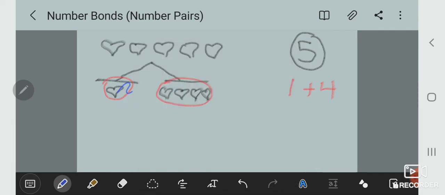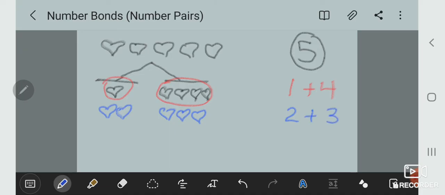Right. So I can have 1 on this side, I can have 4 on the other side. I can have 1, 2 on this side. But remember, the total is 5. So 1, 2, 3, 4, 5. So I can have 2 and 3.